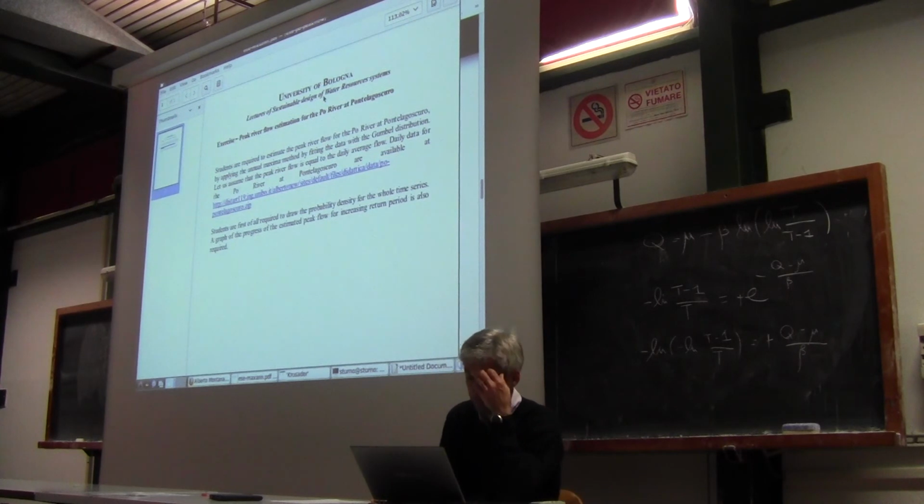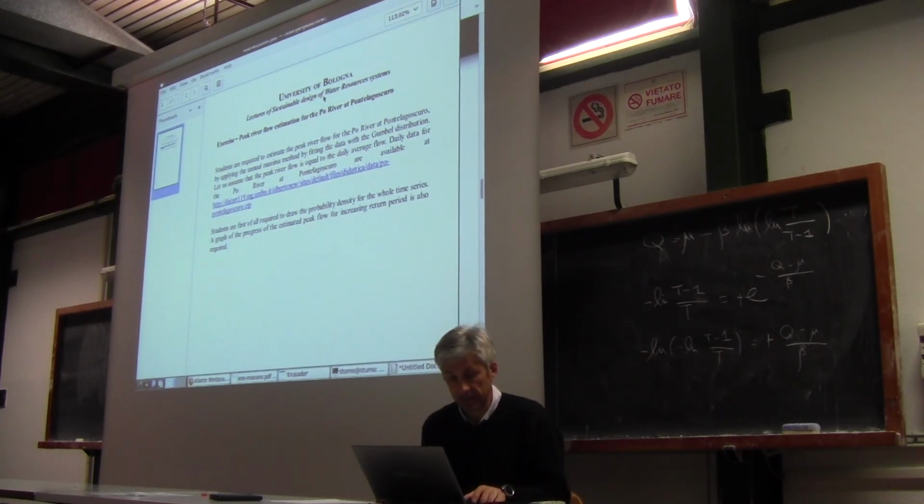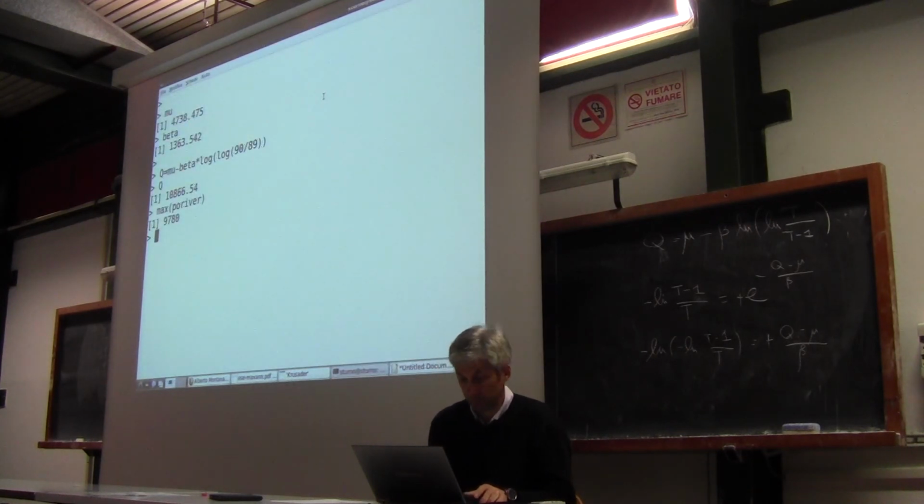It says, a graph of the progress of the estimated peak flow for increasing return period is also required. Okay, so let's compute the peak flow for return period varying from 1 to 1000.